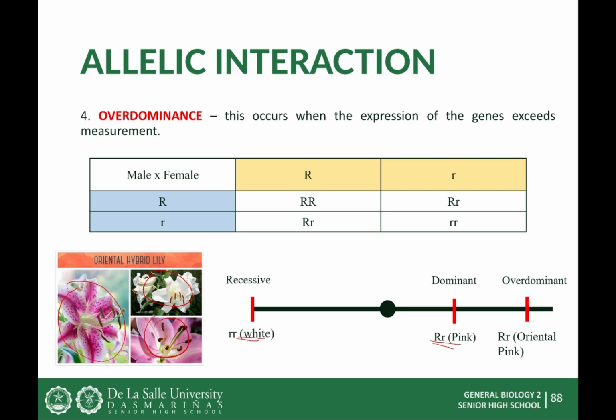So there is another shade of pink. And this will be an overdominance of the pink, with a heterozygous genotype. So, dominant R and recessive R, with the mother and the father having phenotypes of red and white, giving you this phenotype.